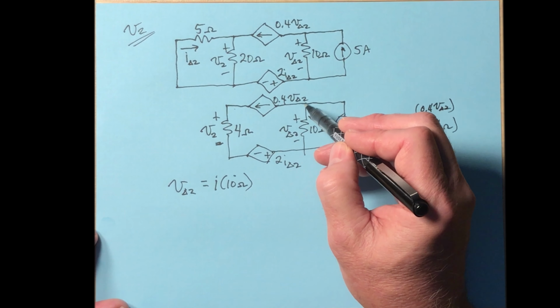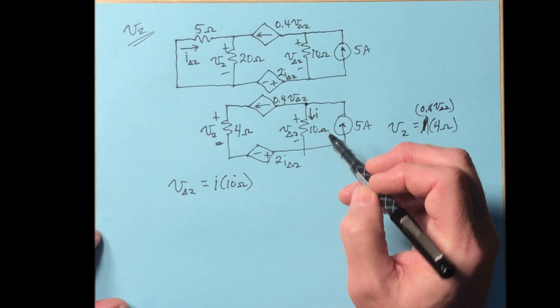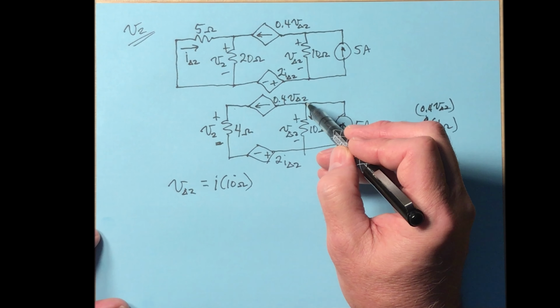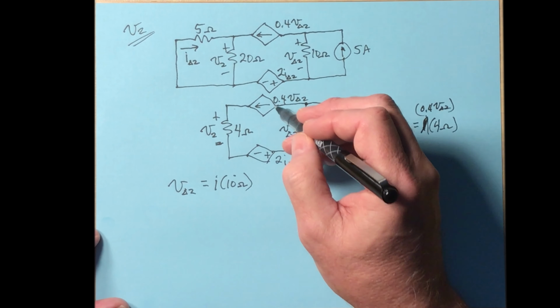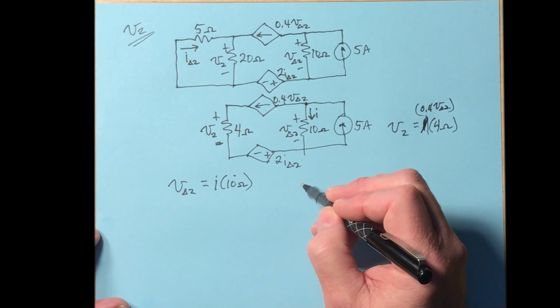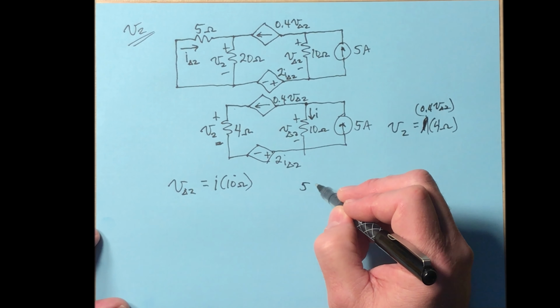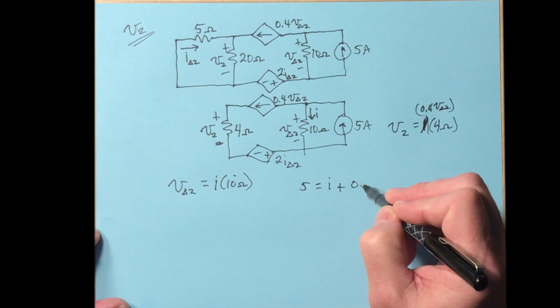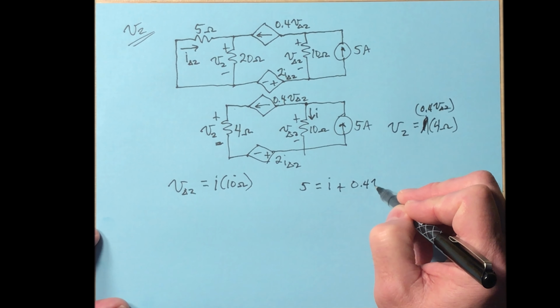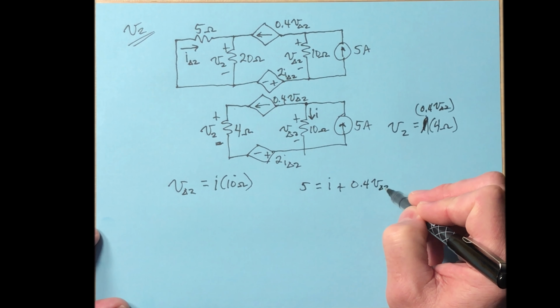If we look at this top node here, we have a current of 5 amps going in that is being split there. So just writing a KCL equation for that top node, 5 amps is equal to I plus 0.4 V delta 2.